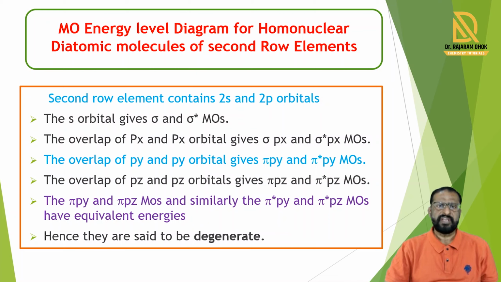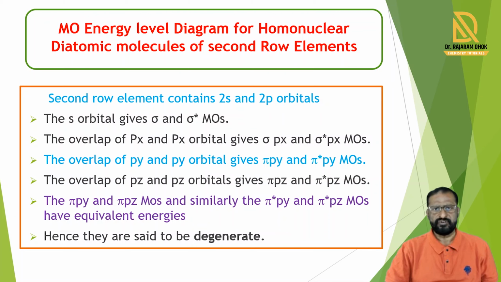The second row starts from lithium and the last element is neon. So from lithium molecule to neon molecule, how those molecules are formed.